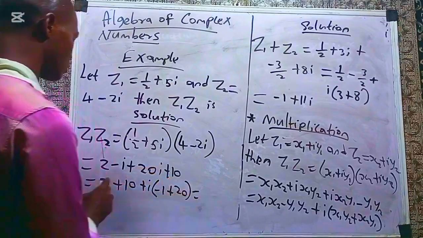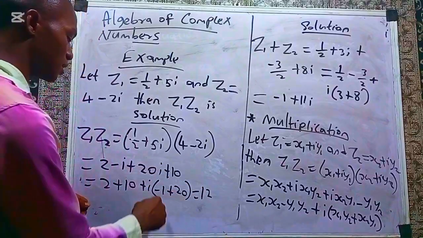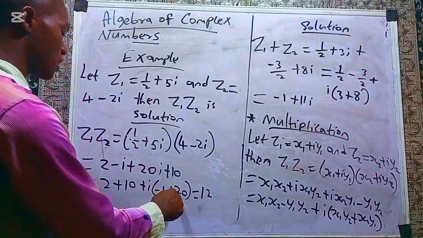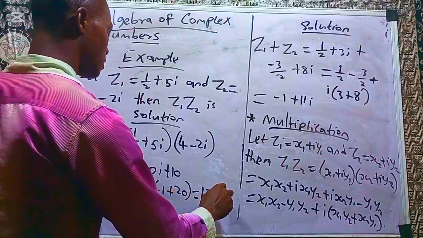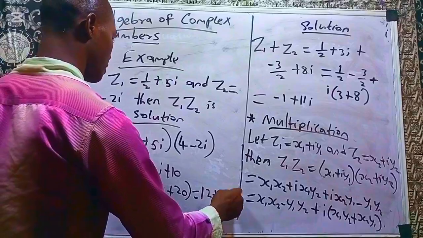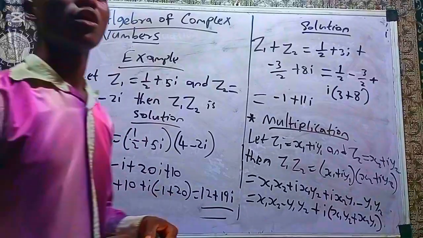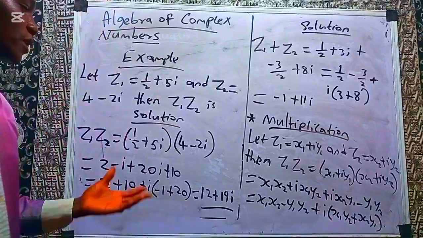So this will be equal to 2 plus 10, which gives you 12. Then minus 1 plus 20 will give you positive 19. So we have positive 19i. So this will be the required result of this very question.